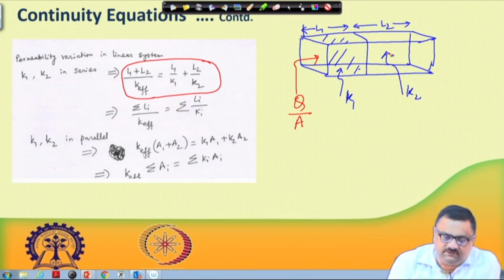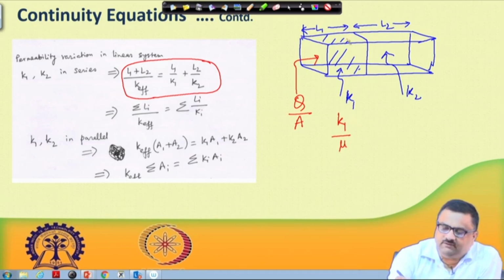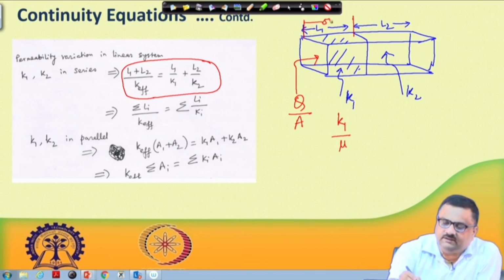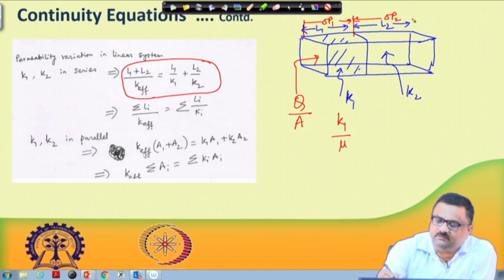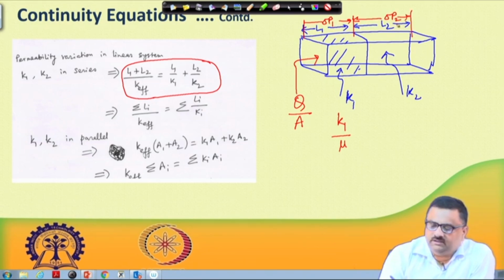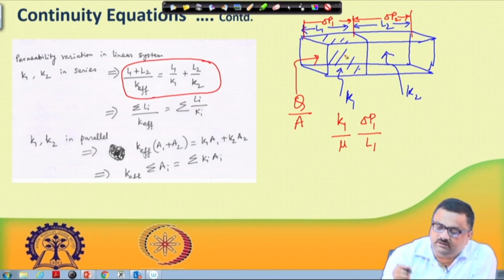So, what would be the velocity from this side? It is K1 by mu, and let us say you call the pressure drop across this delta P1, and the pressure drop across this delta P2. So, K1 by mu delta P1 by L1. That is the velocity that is applicable here.